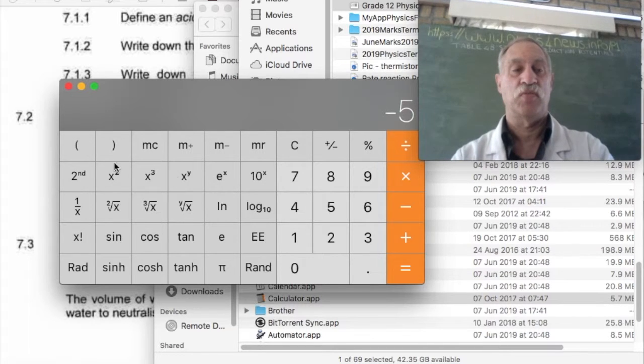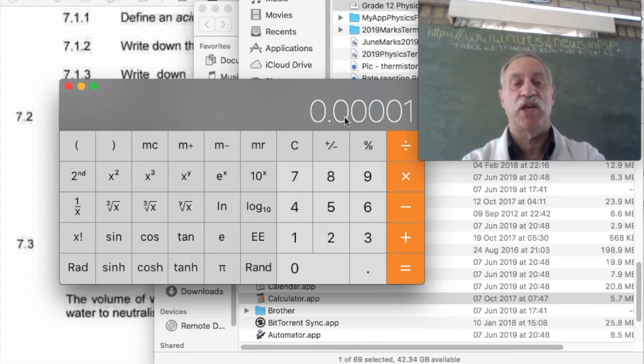It is normally the second function of that, and there it gives you a hydronium ion concentration of 0.00001. And you've got to get used to, for example, how do you go from that back to 5 and play around with it. So 5, take your pH, turn it into a negative, and there you go.